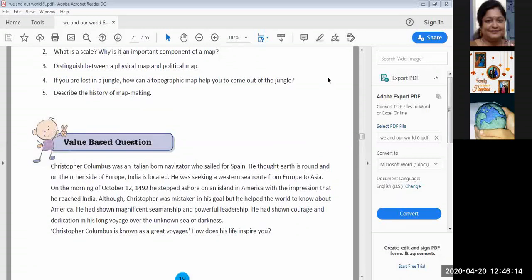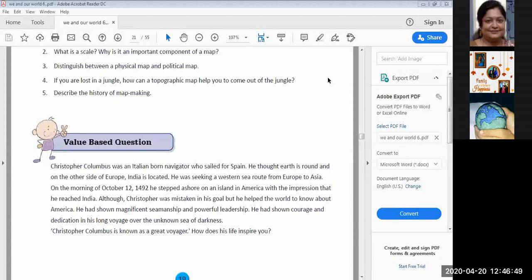That is the reason till now we call the people there Red Indians. Although Christopher was mistaken in his goal, he called them Indians, so now we call the people who are living there Red Indians. But he helped the world to know about America. Till that time, America was not known to the people all over the world.